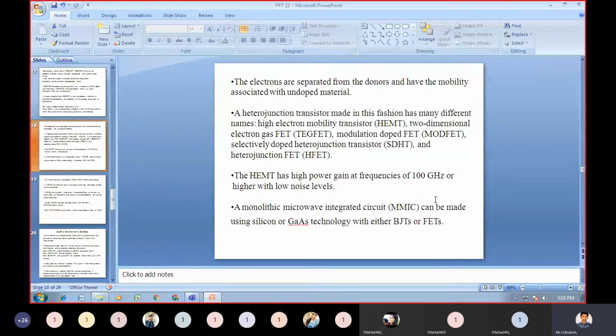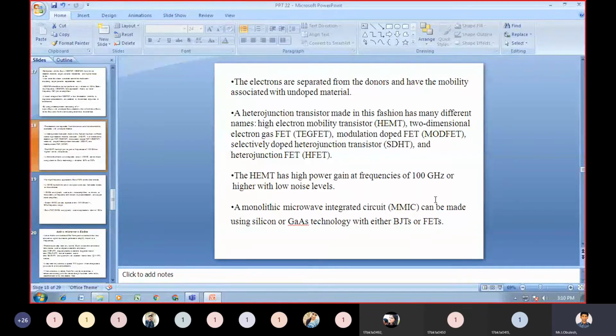A heterojunction transistor made in this fashion has many different names: high electron mobility transistor, two-dimensional electron gas FET, modulation doped FET, selectively doped heterojunction transistor, and heterojunction FET.